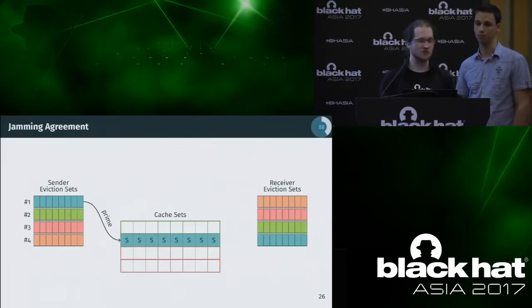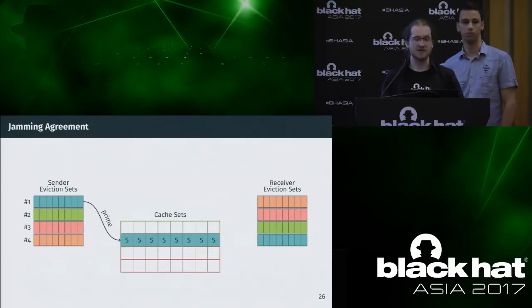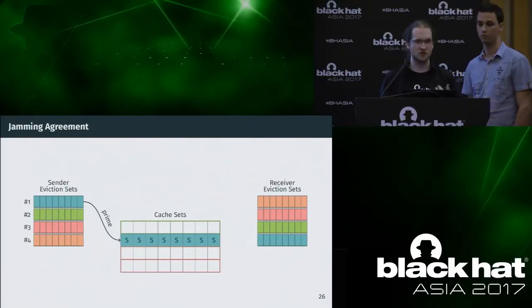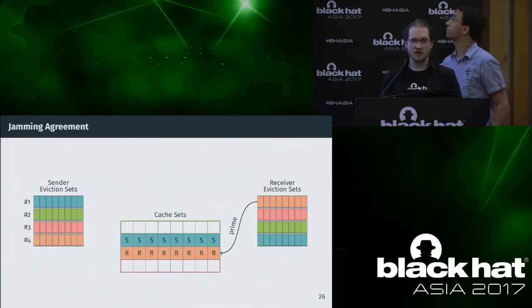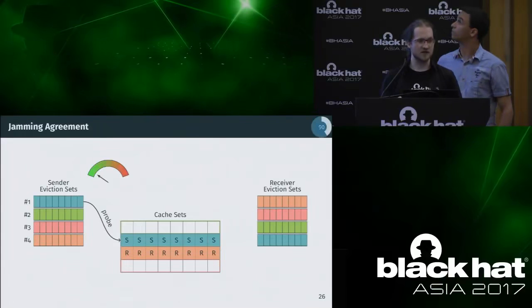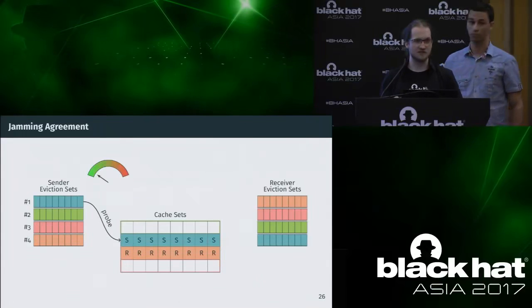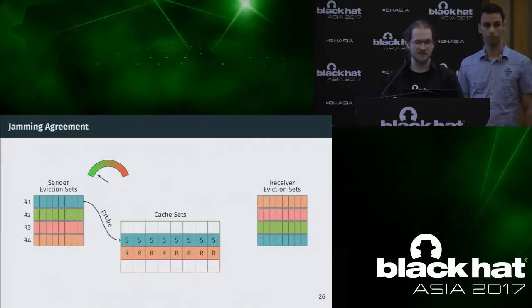Therefore, the sender starts with his channel 1 and primes it. Now, the receiver tries to find channel 1, so it will also prime some of its channels. And now the sender looks, okay, did my colleague just find me and prime the same data cache set?